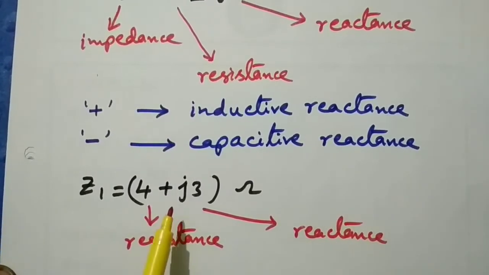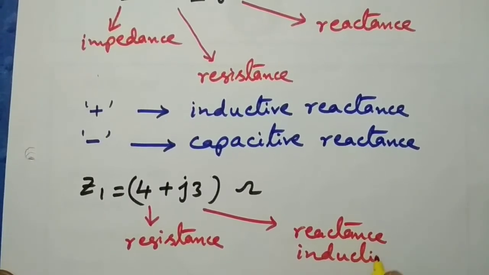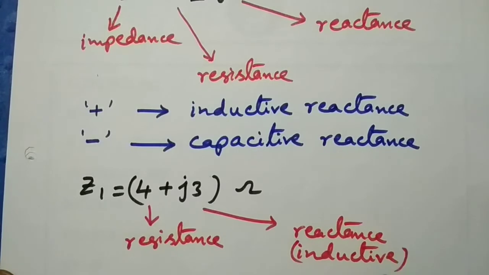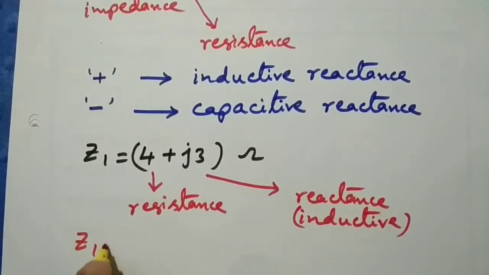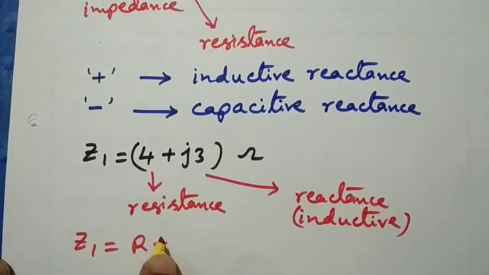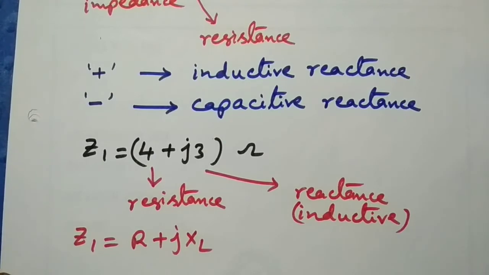And as the sign before the complex part is positive, that means it is inductive reactance. So the Z1 is R plus JXL, where R is equal to 4 ohms and XL is equal to 3 ohms.